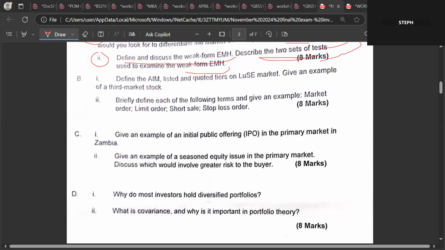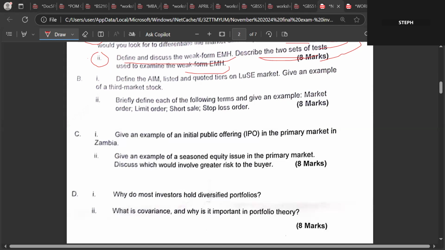The quoted tier on the LuSE is designed for companies that don't meet the full stringent requirements of the listed tier, but still want their securities to be traded publicly. It allows these smaller companies, as well as startups or those still developing their operations, to raise finances while subject to lighter regulatory standards.